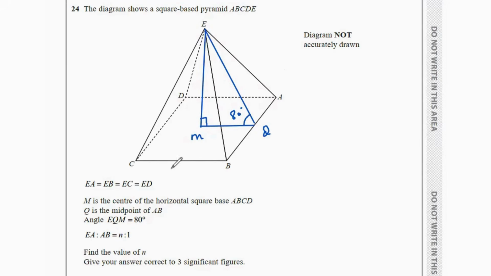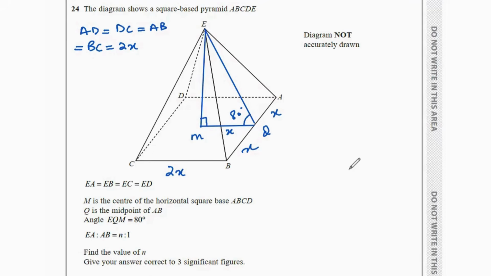So BC is 2x and AB is also 2x, AD is 2x and DC is 2x. AD equals DC equals AB equals BC, and that is 2x. So BQ will be x and AQ will also be x. Similarly, QM will also be x because these are the midpoints.